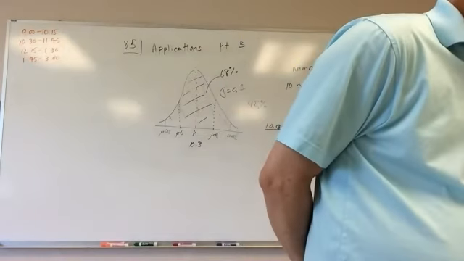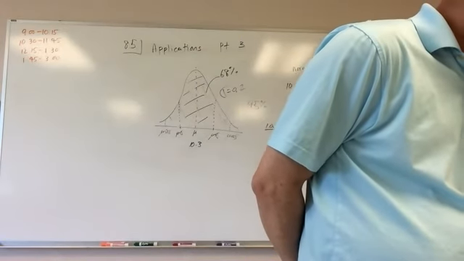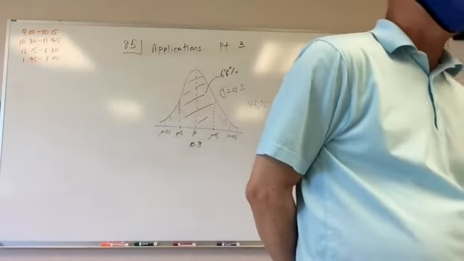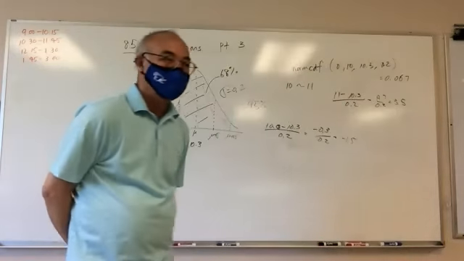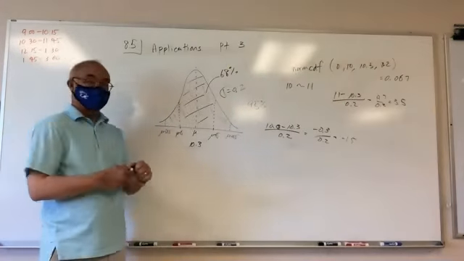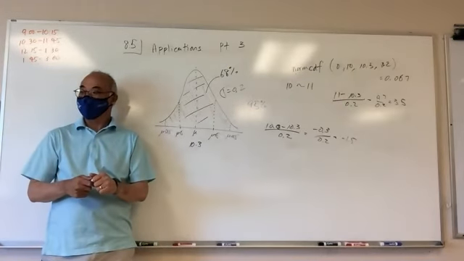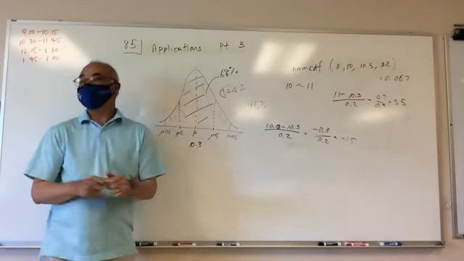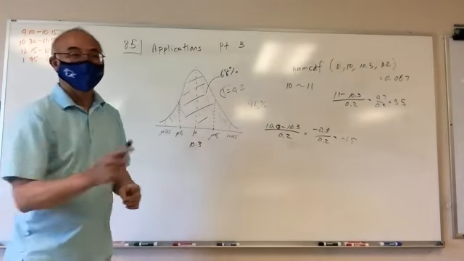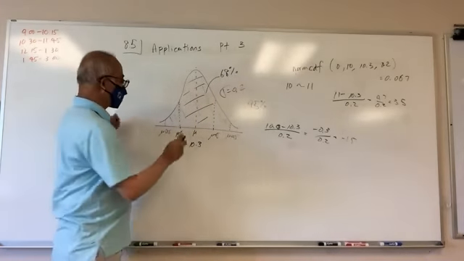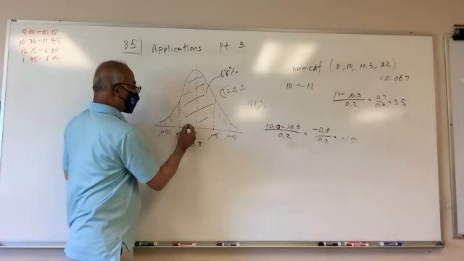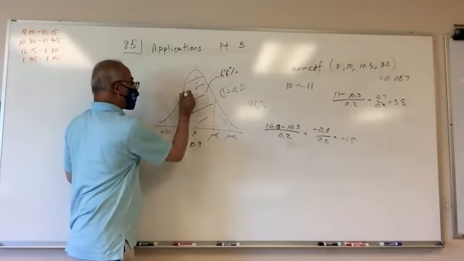C, what is the probability that a box weighs exactly 10 ounces? What does that mean? You put 10 and 10, and it says 0. If you think about it like an integral, you're going to the same place. You're looking at this one single line.